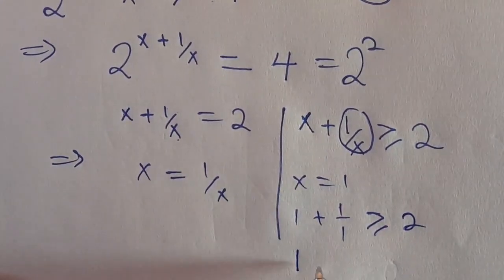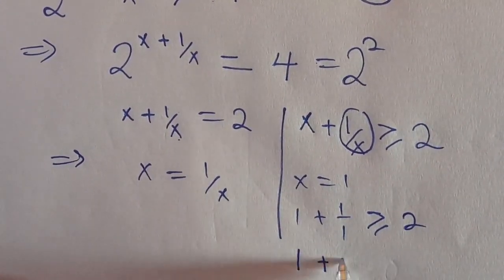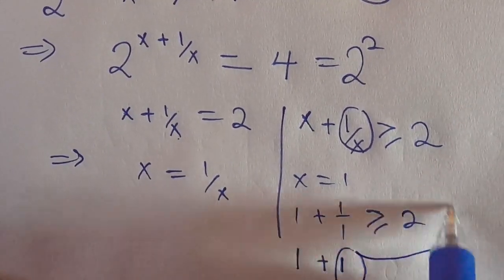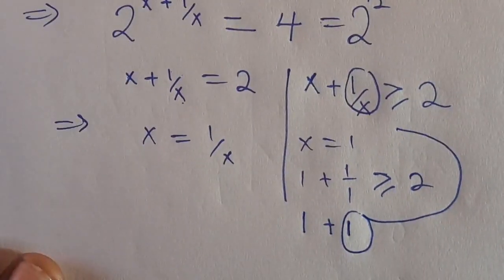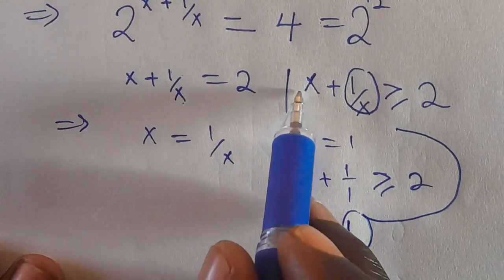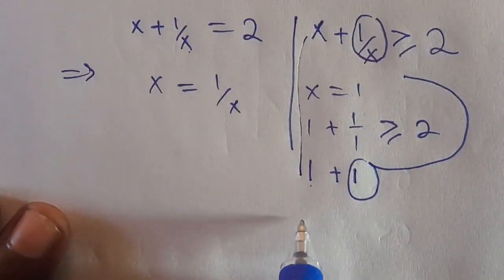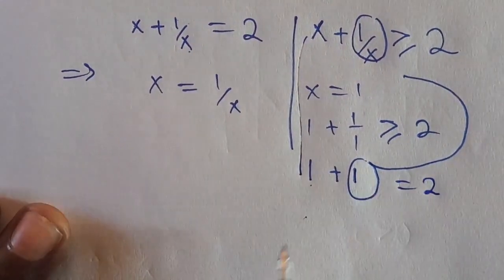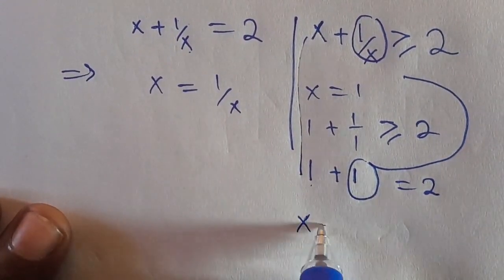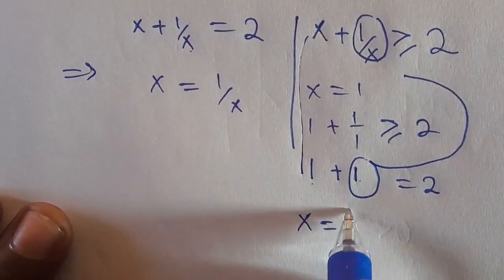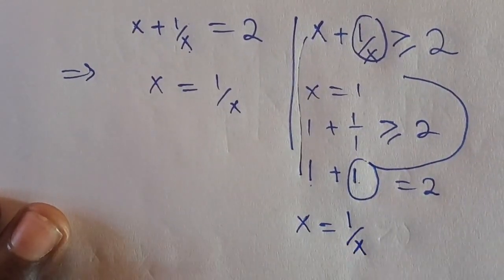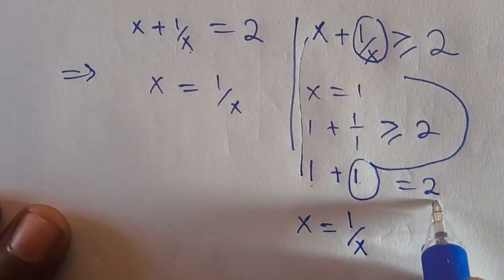You can see we have 1 plus 1 divided by 1. The whole of this bundle equals 1, and the other bundle also equals 1. So this implies that this equals 2 when x and 1/x are equal to each other, that is 1. So they are equal to 2.